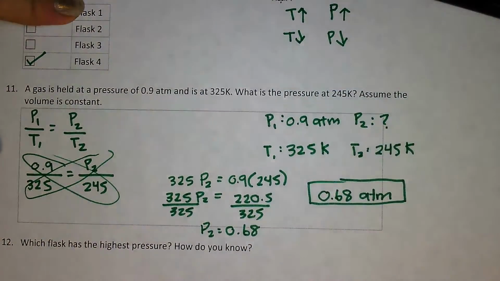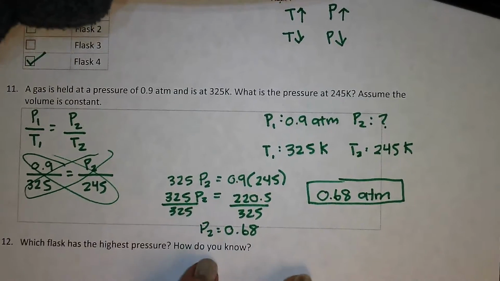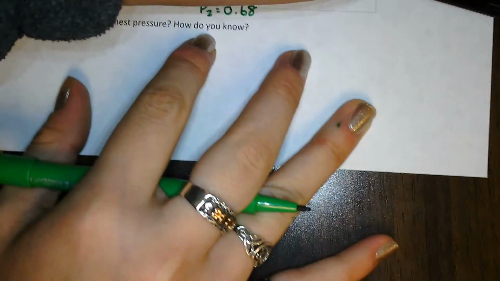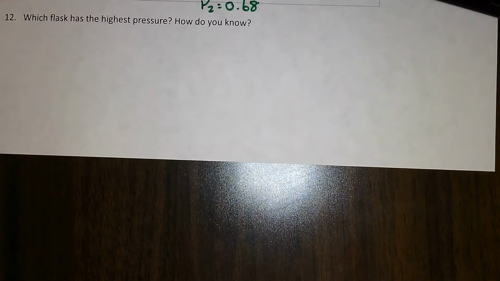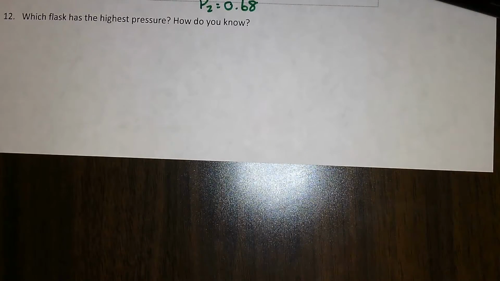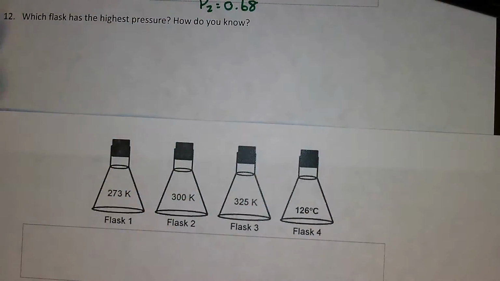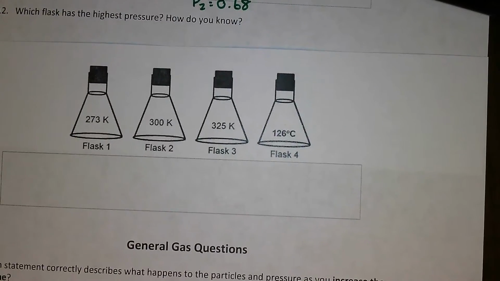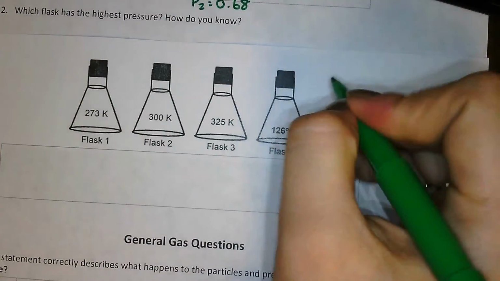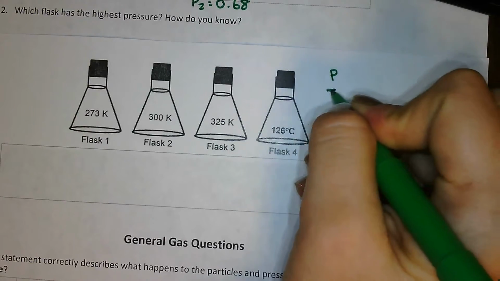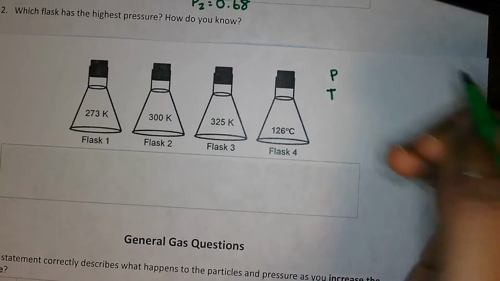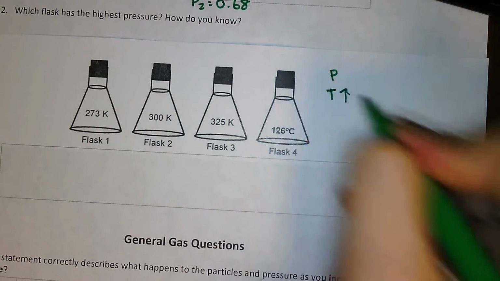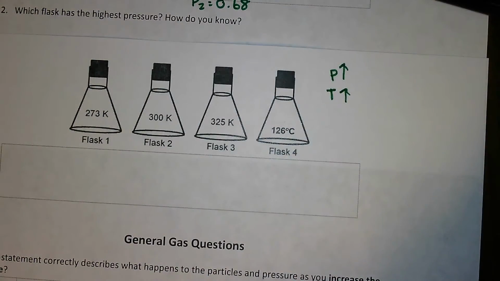All right, and last one for this law. Which flask has the highest pressure, and how do you know? We already said that pressure and temperature are directly proportional. If I increase temperature, my pressure is going to increase.